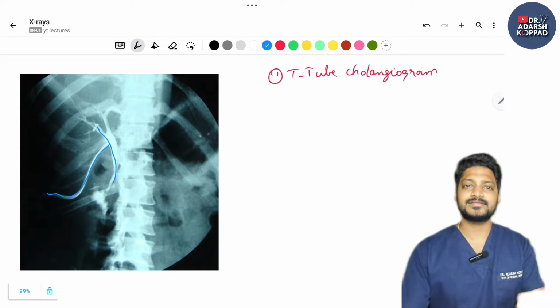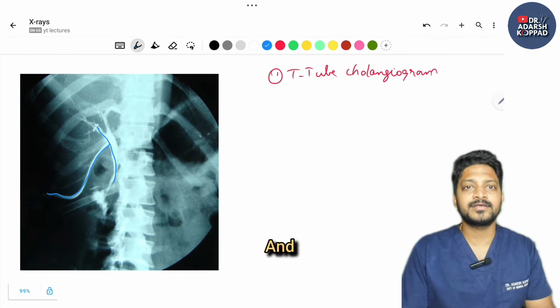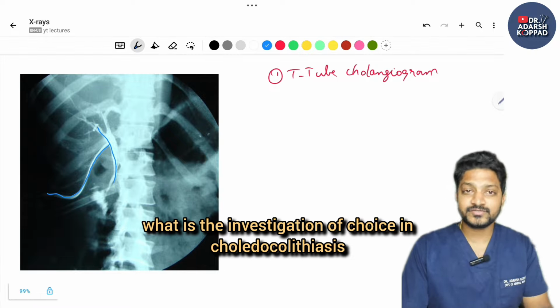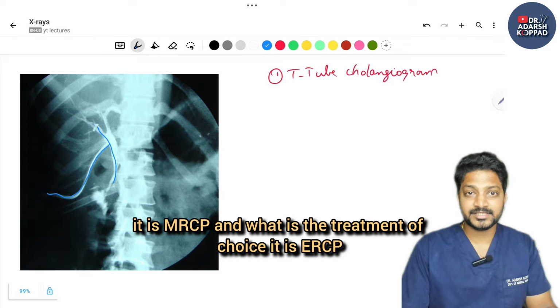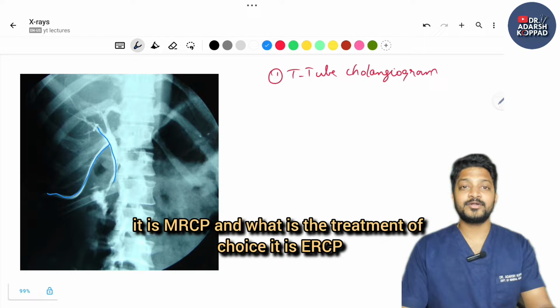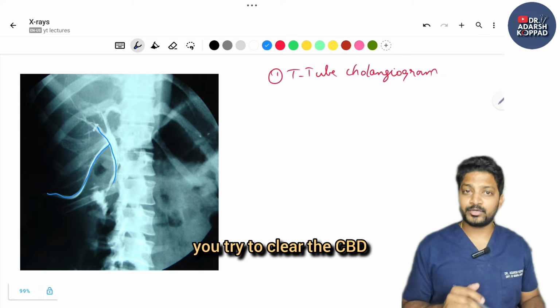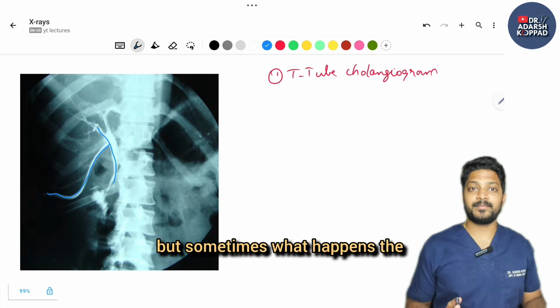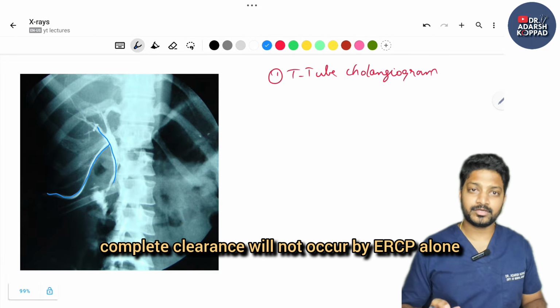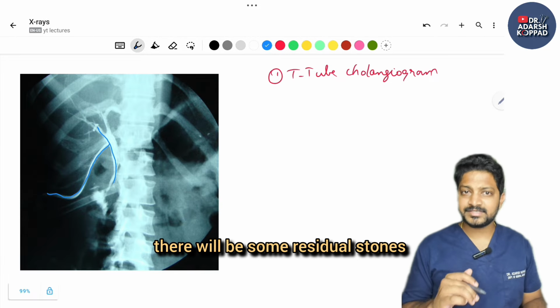So what happens? There's a patient with choledocholithiasis, all right? And what is the investigation of choice in choledocholithiasis? It is MRCP. And what is the treatment of choice? It's ERCP. When you do the ERCP, you try to clear the CBD. But sometimes the complete clearance will not occur by ERCP alone. There will be some residual stones.